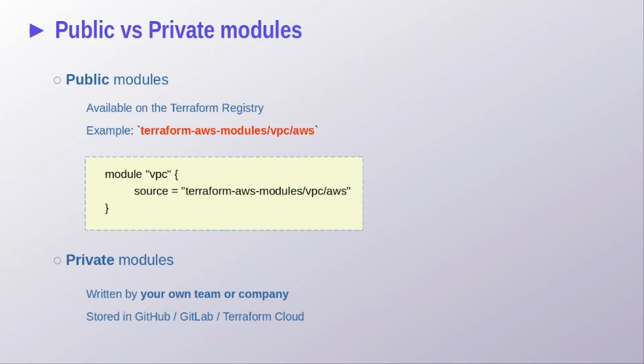Private modules are written by your own team for business needs. They enforce a standard and make governance easier. Every serious organization ends up with private modules. Public modules are great for learning. Private modules are for production.